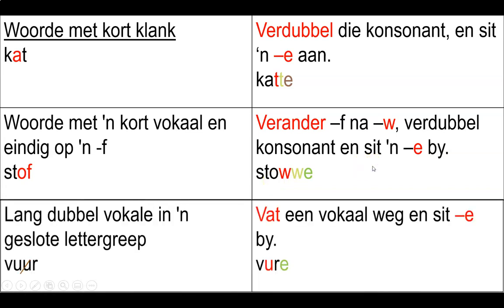Our next spelling rule is that when it is a long vowel sound and it's got the same vowels, double A, double O, double U, we drop the one vowel and we put an E on. In so doing, we then keep the sound as a long sound. Vuur, vure.